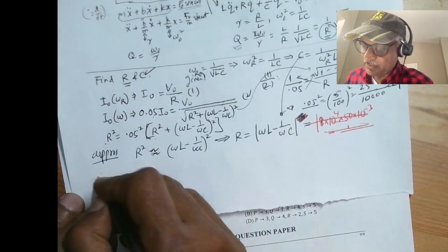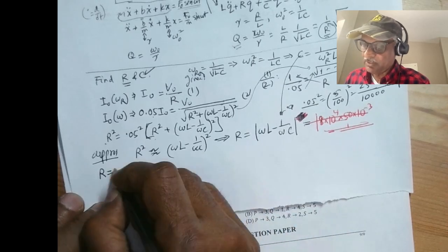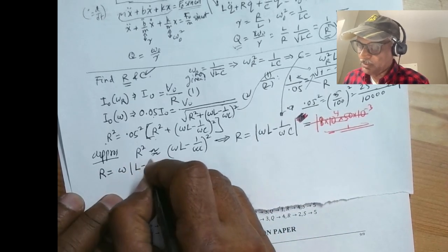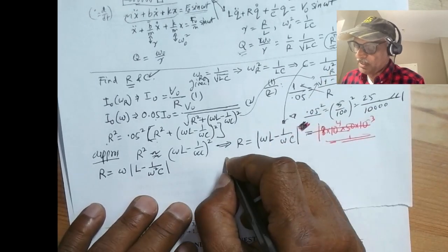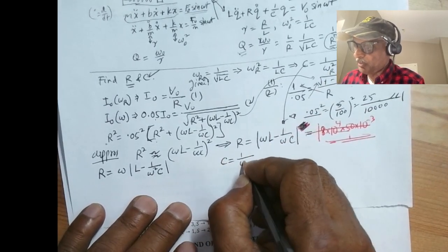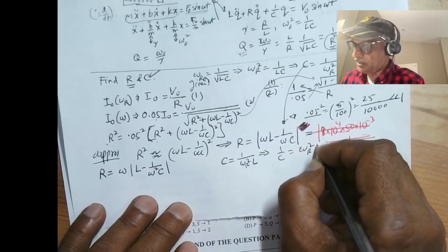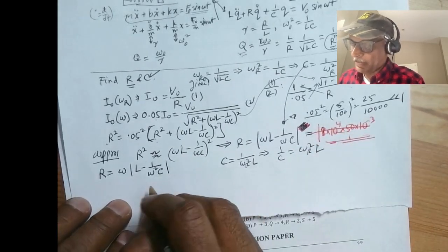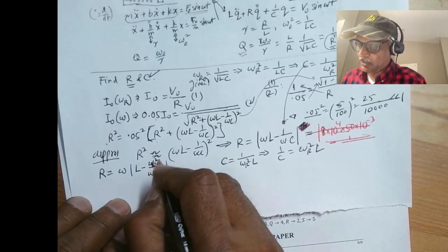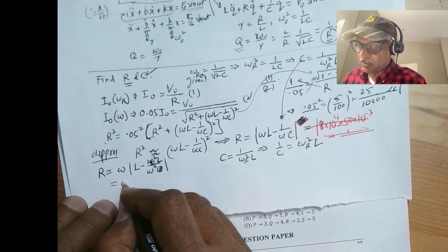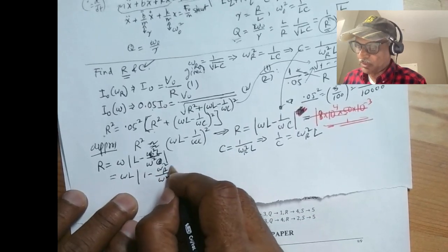Can we do faster? So R equals, pull the omega out, L minus 1 over omega square C. If you look at this, C equals 1 over omega R square L, then 1 over C equals omega R square L. So this is omega R square L. Pull L out: omega L times 1 minus omega R square over omega square.